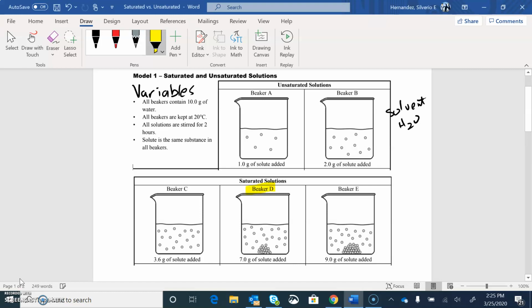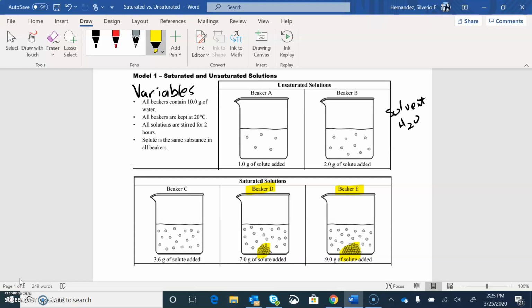We see that in D and E. You see this little pile and this little pile down here at the beaker. That means that we have gone past the point of saturation, right? The 10 grams of water can no longer dissolve the solute, so it starts to precipitate down to the bottom.